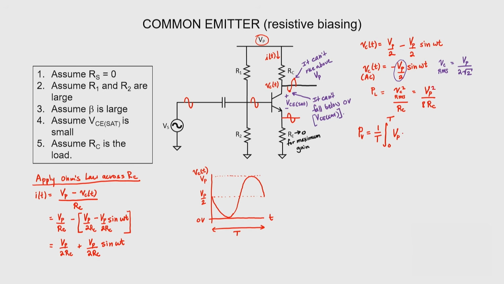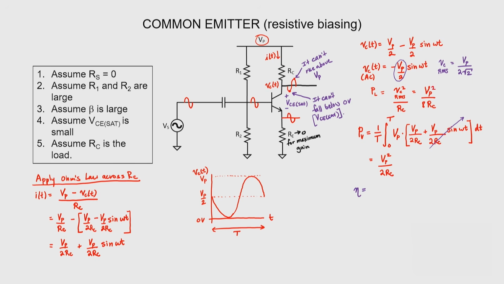It's just V sub P. And the current is I of t, and we have an expression for it down here that we've just found. When we integrate a sine wave over one period, we're going to wind up with 0. So the integral simplifies considerably. We're just left with Vp squared over 2R.